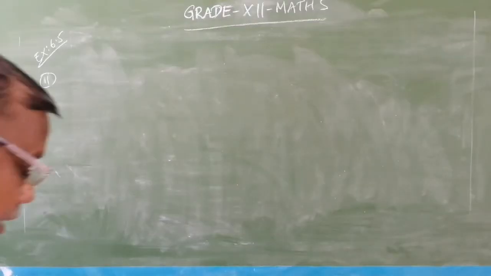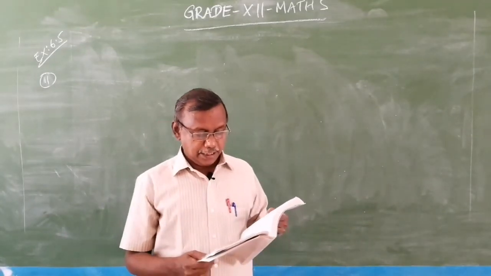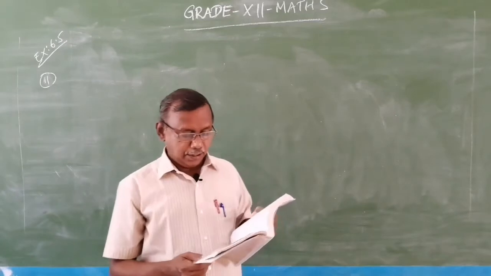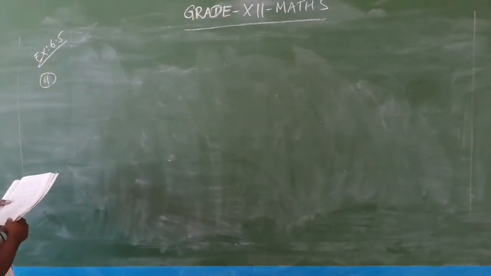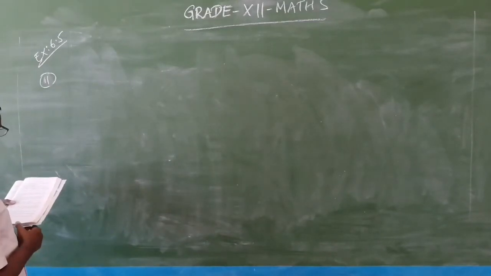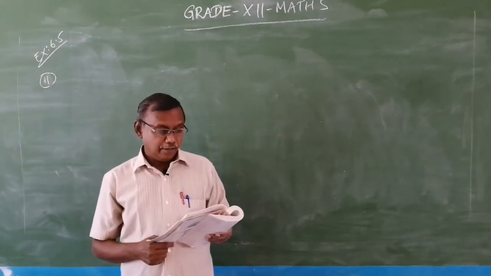Now next, the question number is 11. It is given that at x equal to 1 the function x power 4 minus 62x square plus ax plus 9 attains its maximum value on the interval 0 comma 2. Find the value of a.